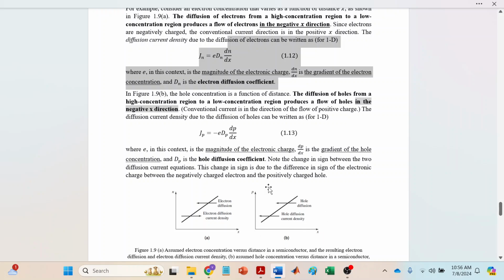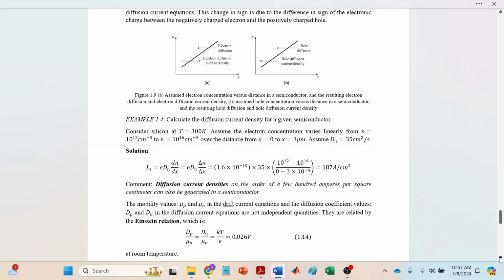But in the case of the hole, it is in the negative x direction. So you have the negative sign. The diffusion current density for the hole is given by Jp. You have the negative sign, e is the value of the electronic charge, Dp is a constant, the hole diffusion coefficient, and dp/dx is the gradient of the hole concentration. So note the difference in sign from the n-type semiconductor to the p-type semiconductor.